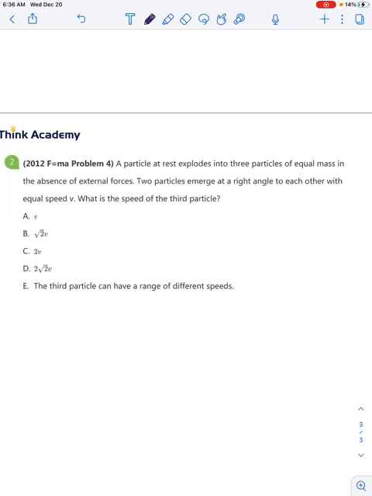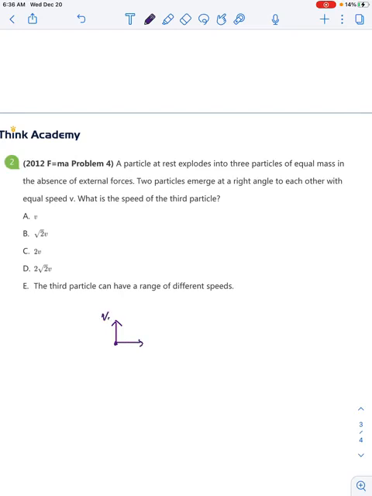Say we have this particle here, and we have three particles that emerge at a right angle to each other. We have this one here, and then another one going in this direction, like this, and they have equal speed.